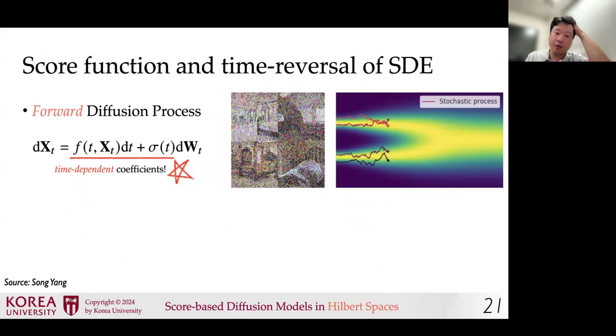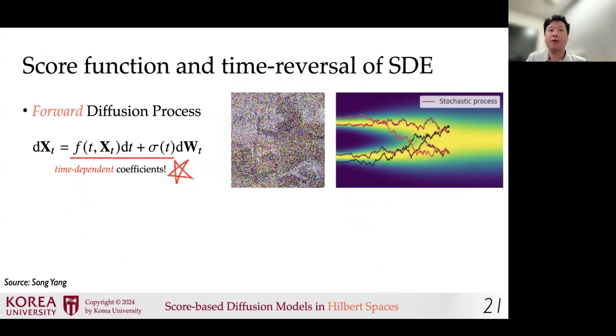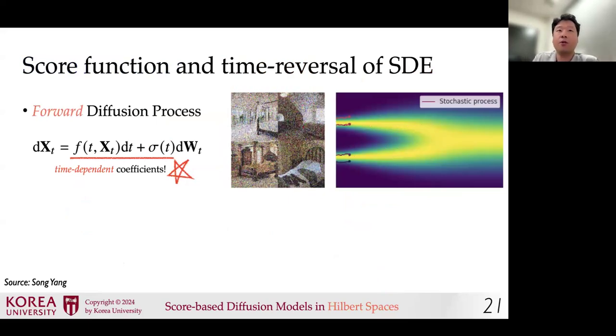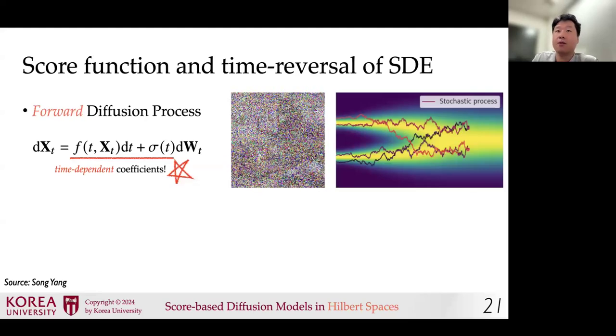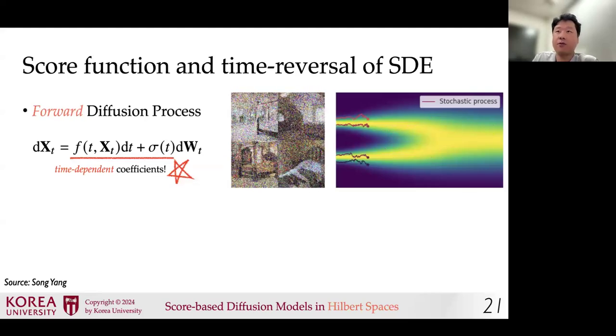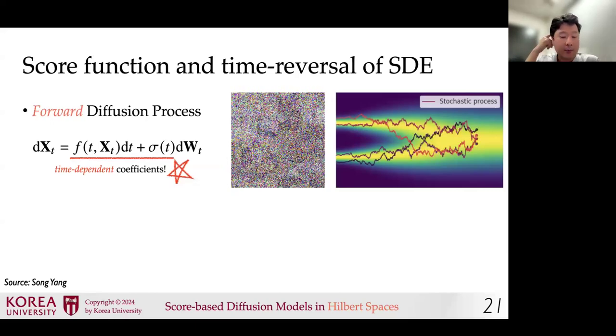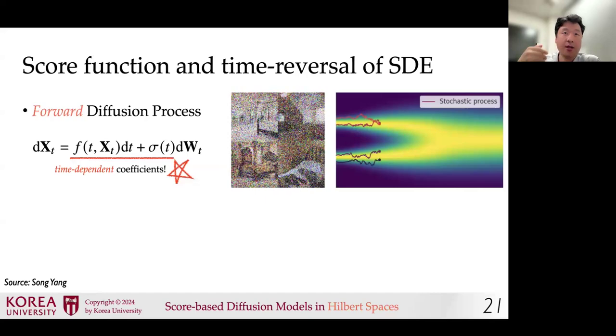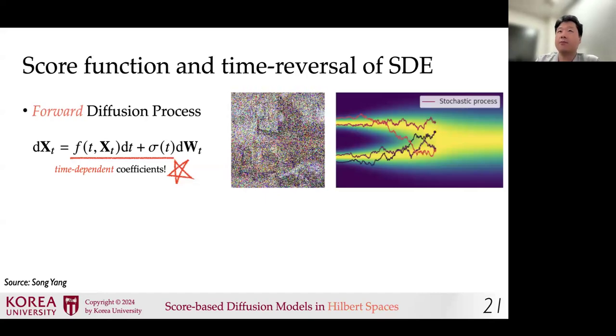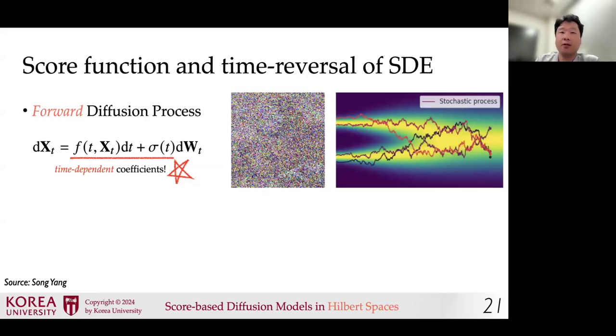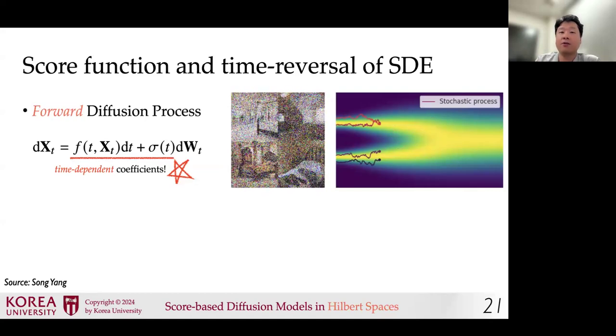As you can see in the previous slide, the Langevin stochastic differential equation is based on the invariant measure, which means that the drift term and diffusion coefficient of the SDE are time independent. But what if we consider time-dependent coefficients in the drift term and the diffusion coefficient driving the Wiener process?